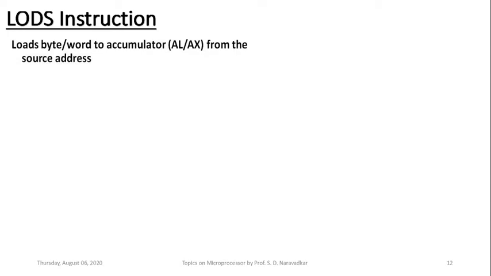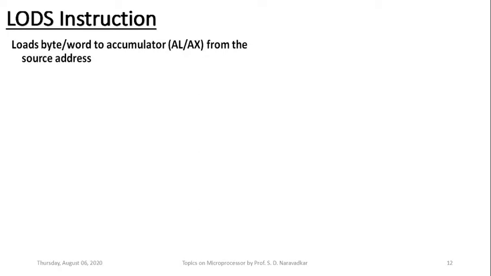If a byte is to be loaded into the AL register from the source address, the instruction is load string byte. And if a word is to be loaded into the AX register from two source locations, that instruction is LODSW, load string word.